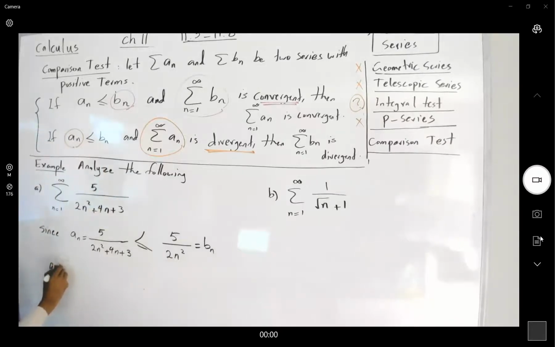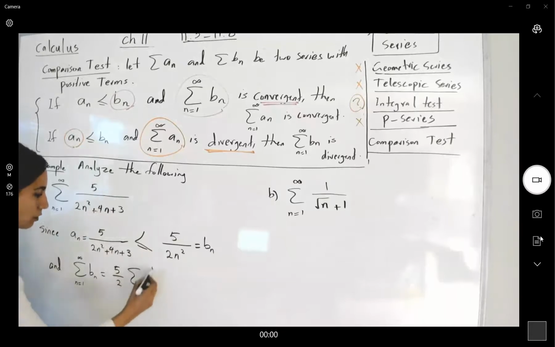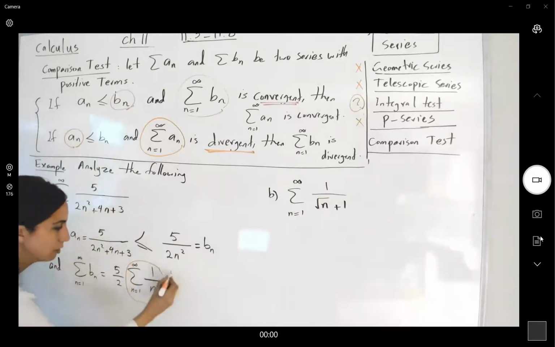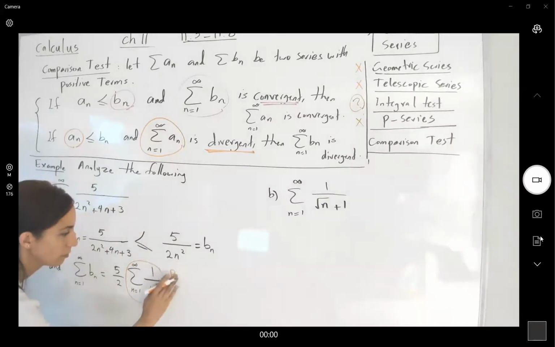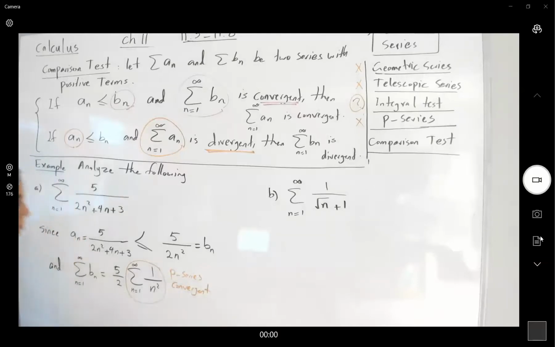And the series Bn is 5 over 2, 1 over n squared. And this guy is a p series and convergent. Which case is this?